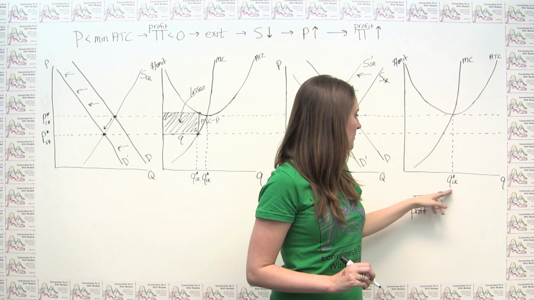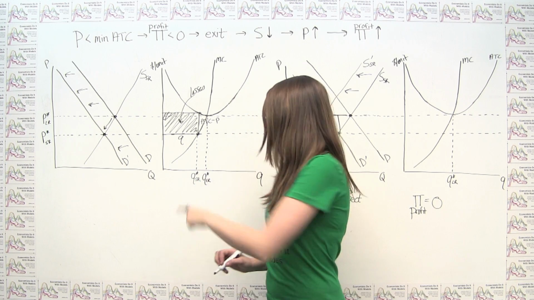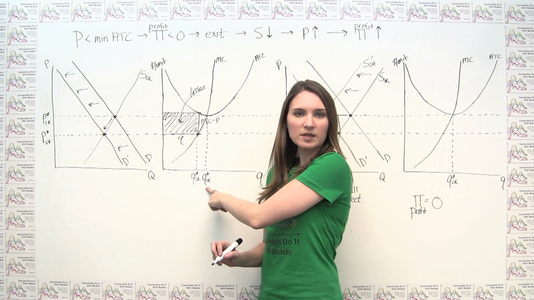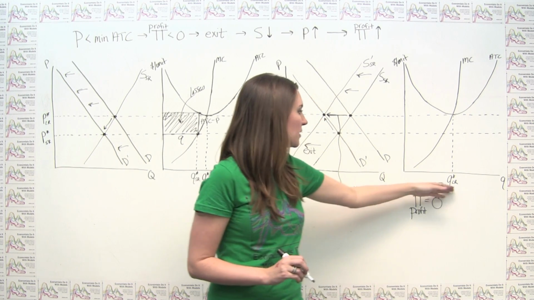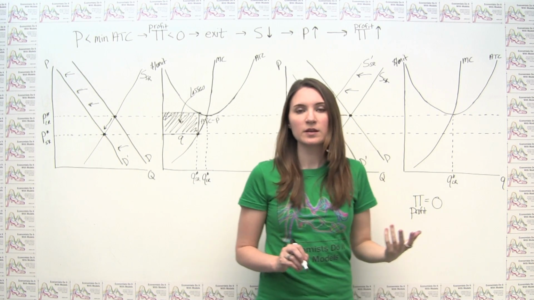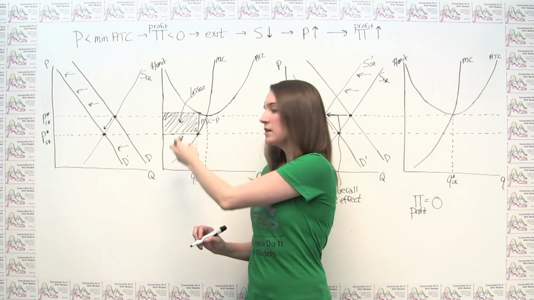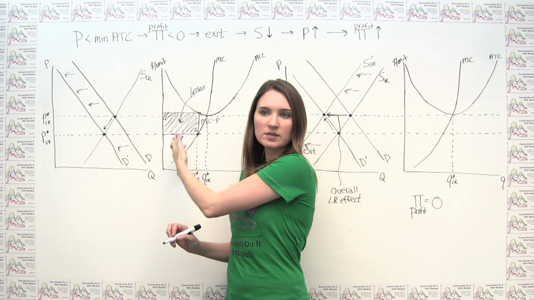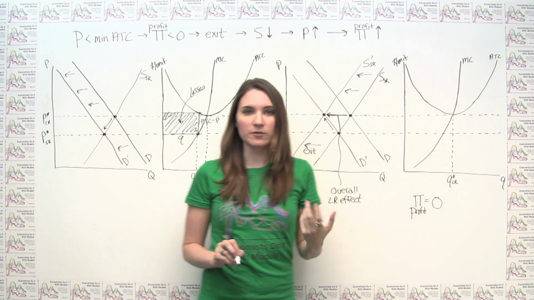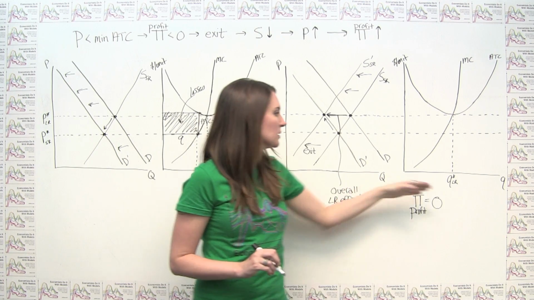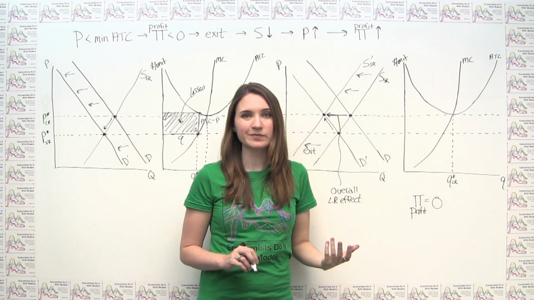Notice that we're also coming back to the same long-run quantity that our firms were producing before all of this happened. So from the perspective of the individual firm, in the short term, they had to ride out these economic losses, produce less, lose some money, etc. But in the long term, if they were one of the firms that actually stayed in the industry, they're coming back to the point they were at before.